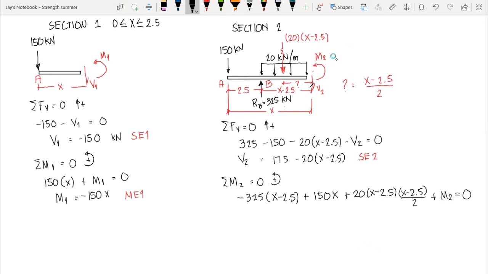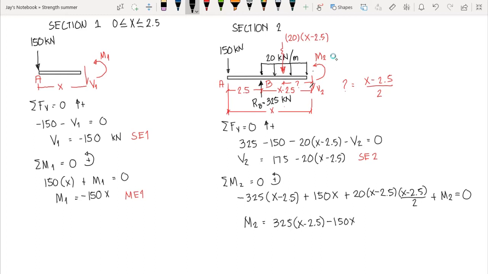So we have now our moment equation. We further simplify this one. Let's transpose everything to the right side. That is, we have 325 times x minus 2.5. Then we have negative 150x.